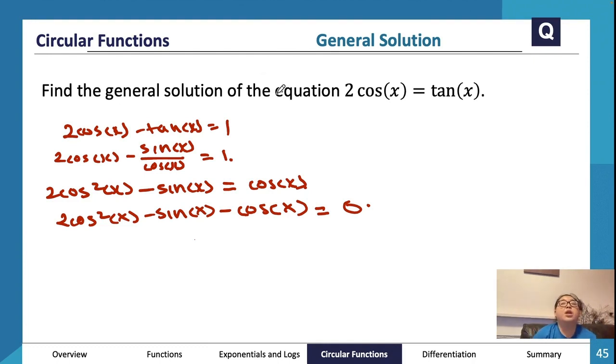So what we're going to try and do here is, we need our 2 cos x to be equivalent to our tan x. So let me think of a good way. Oh, wait, yes. A good way to do this is not to write 1 on the other side. Oopsies, sorry guys.